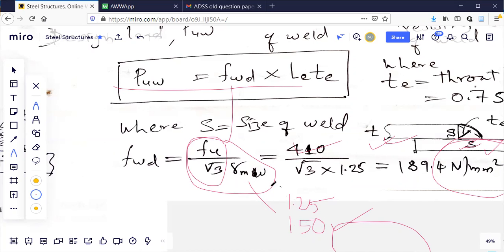So higher value of partial safety factor is taken if the welding is done at the site. If the welding is done in the shop under the supervision, I can reduce this gamma MW so that FWD will be higher. FWD will be higher if this is smaller. It is 1.25. So this will be taken when the welding is carried out in the shop.